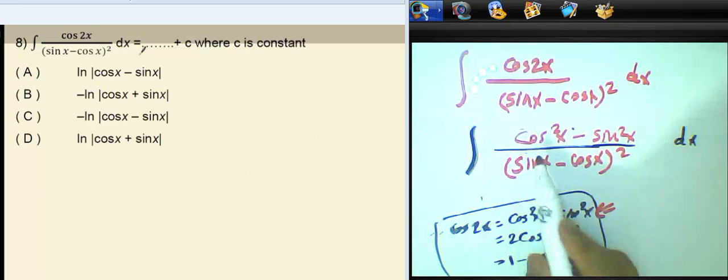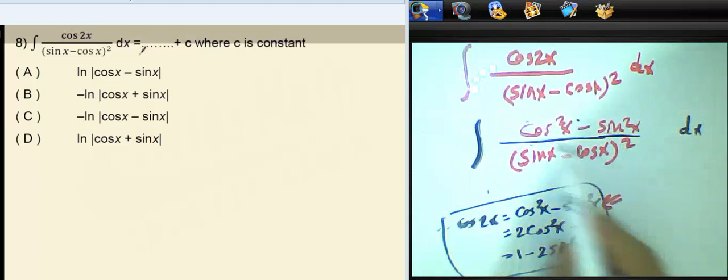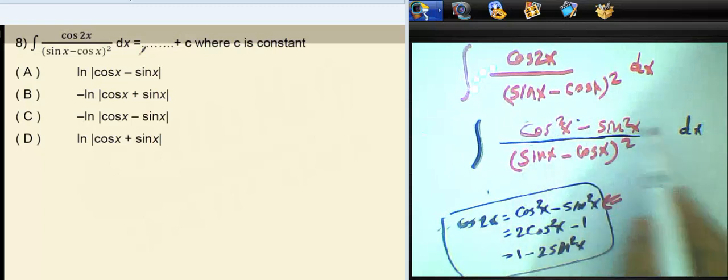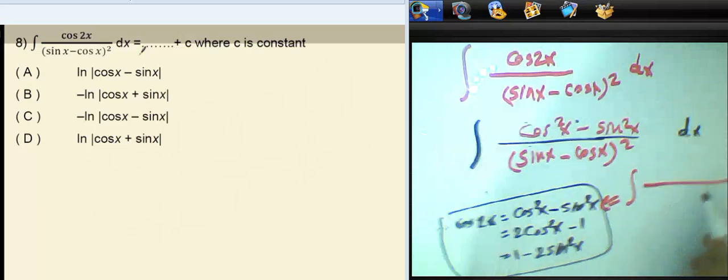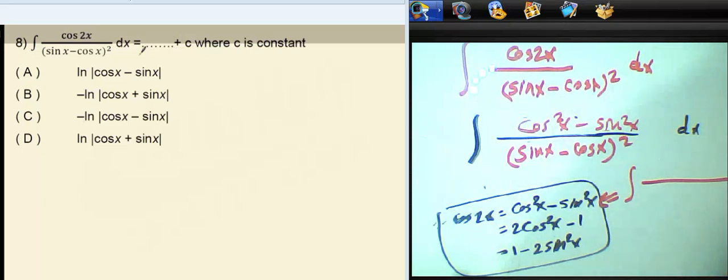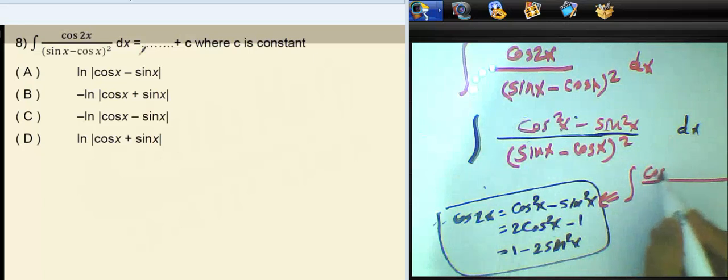We can factorize cosine power 2x subtract sine power 2x to cosine x minus sine x multiplied by cosine x plus sine x.